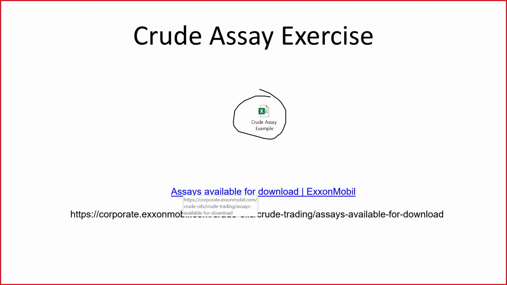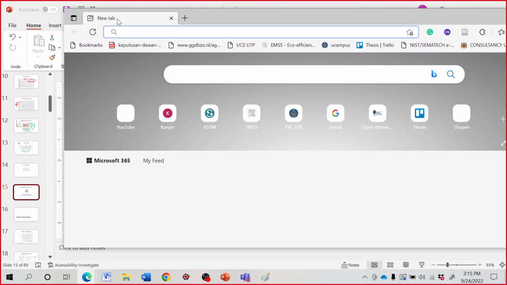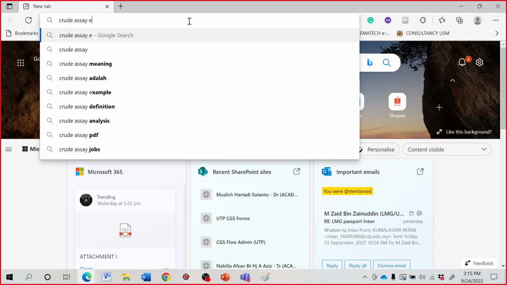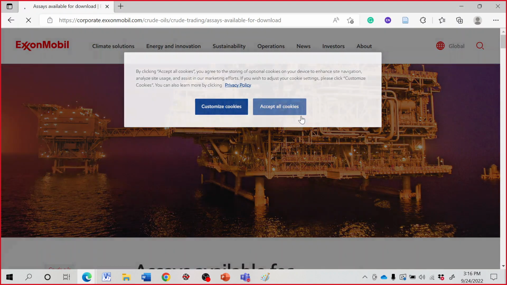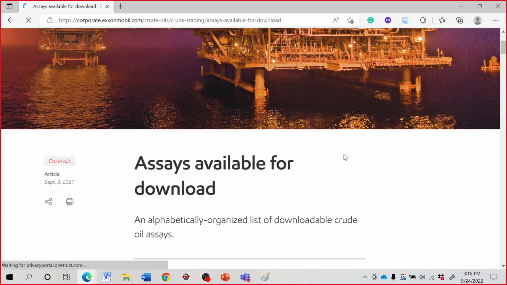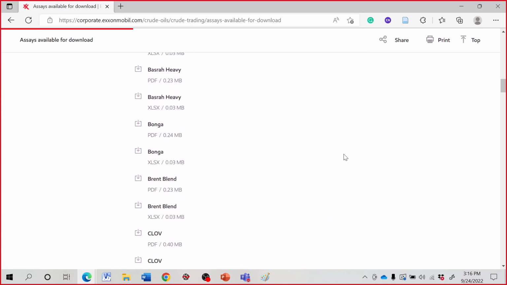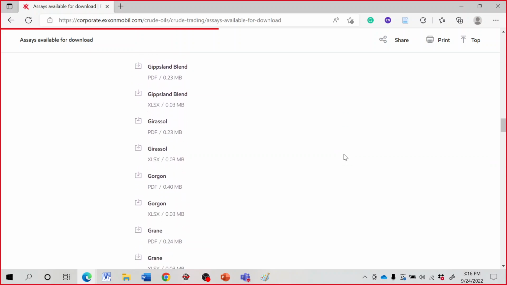Let's spend maybe 5 minutes or so on this. Crude assay. This is open to the public, you can see it here. Let's say somewhere with a Malaysian name, so you can have a feeling.